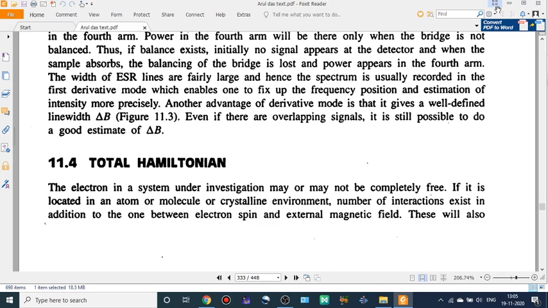From where will we get this ESR signal? If the system has unpaired electrons, it has spin, and this electron spin is individually split into ESR lines in the presence of the magnetic field.